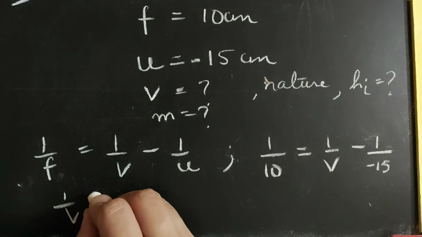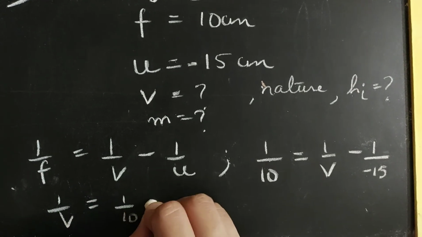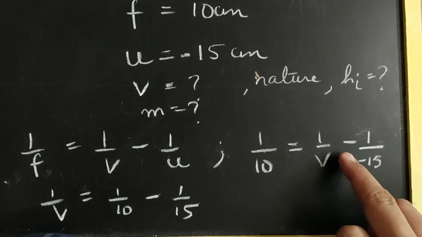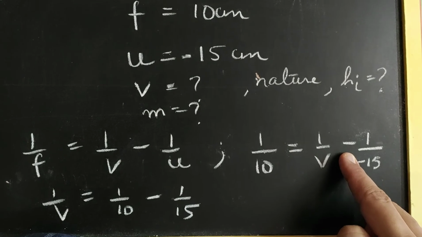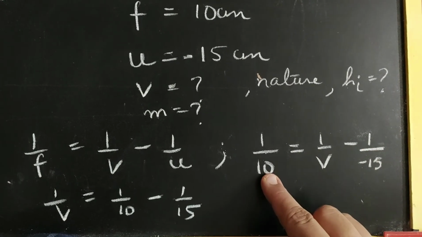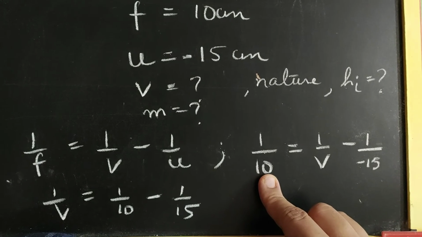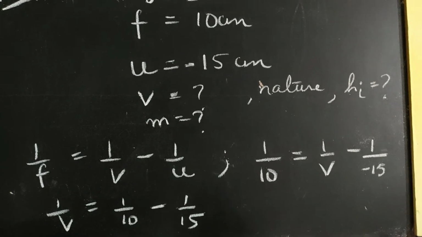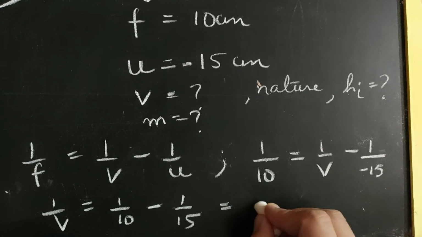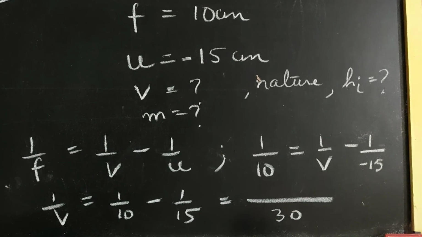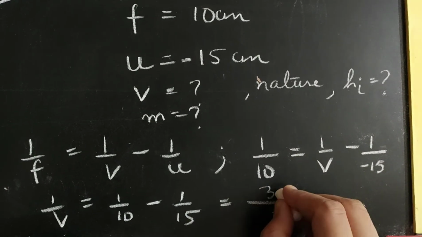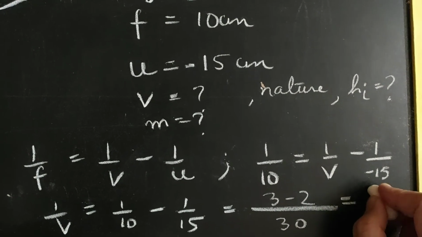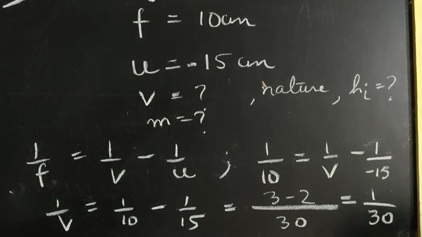That 1 by v is 1 by 10 minus 1 by 15. Students, you can see here clearly that these two negatives will give a positive, and when this 1 by 15 will go on the other side, it will become negative again. So it becomes 1 by 10 minus 1 by 15 as 1 by v. Now you have to solve it by taking an LCM, which is 30 in this case. Solving it further, I get 1 by v as 1 by 30.